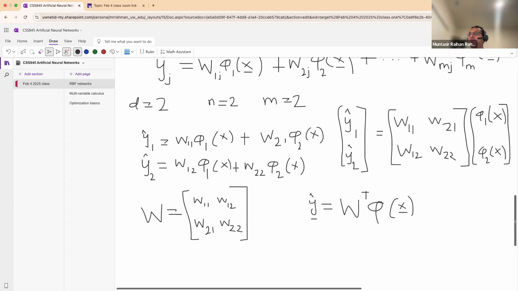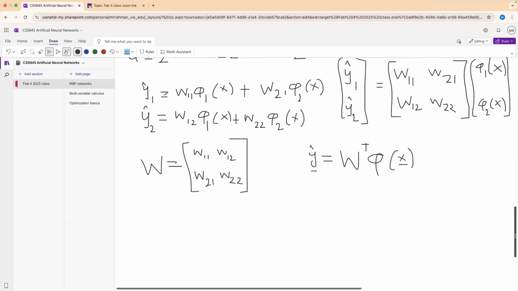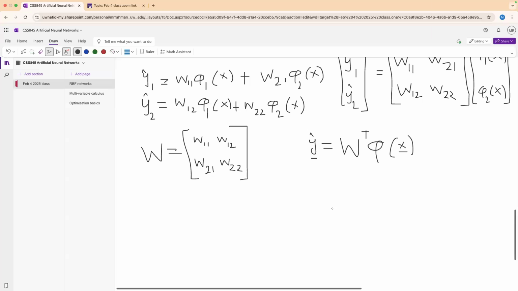Does that make sense? Okay, yeah. Thank you. You're going to see this sometimes: sometimes you have W, sometimes you have W transpose. The thing that matters is that this is now a matrix-vector equation, so we need to make sure the dimensions make sense. And in this case, this is a square matrix, so we don't have to worry.